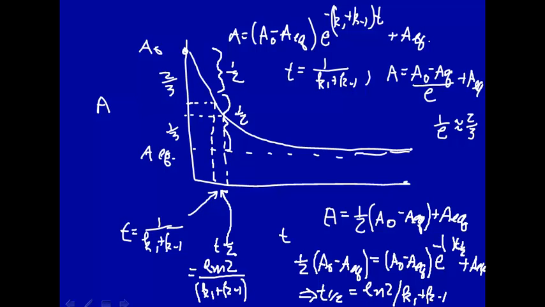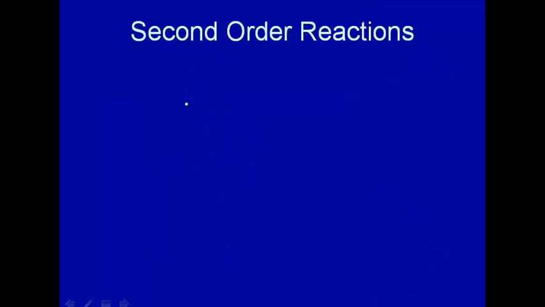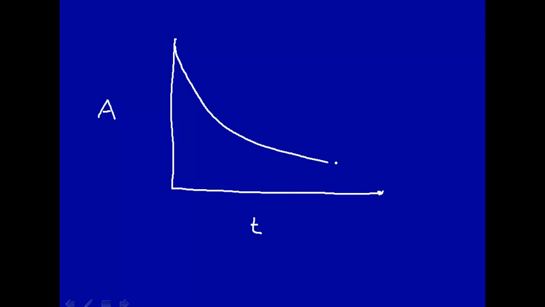And a final property of exponentials, which is useful. So let's take the general exponential here. Let's say we measure A versus time, and we're decaying down here like this. And we say, all right, we'll start here. That's where it ends. We'll go halfway here, and this will give us a half time T 1/2. And that time there is T 1/2.